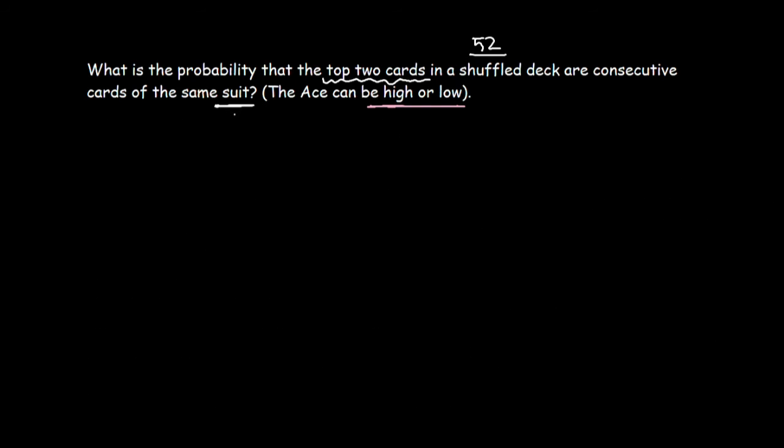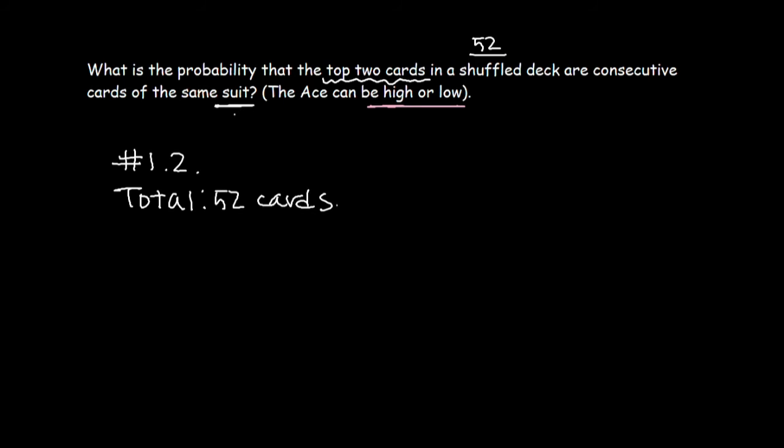Alright, so basically, top 2 cards of a shuffle deck. What is that referring to? Number 1 and number 2 cards out of the total 52 cards. They have to be consecutive in the same suit, meaning that they're either from clubs, spades, diamonds, or hearts, not from diamonds and spades.